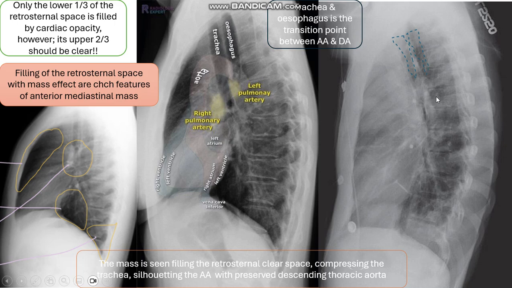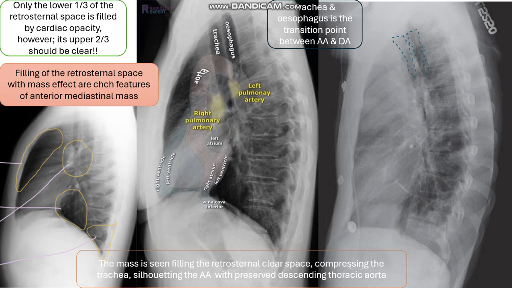The descending thoracic aorta, to be obscured, needs a mass here. It needs a posterior mediastinal mass. The aortic arch, to be obscured, needs a mass here in the anterior mediastinum.